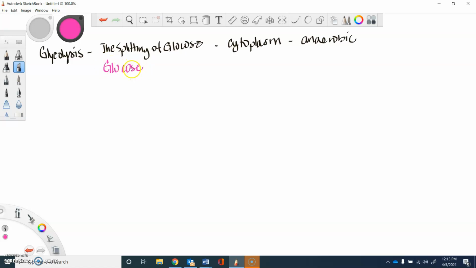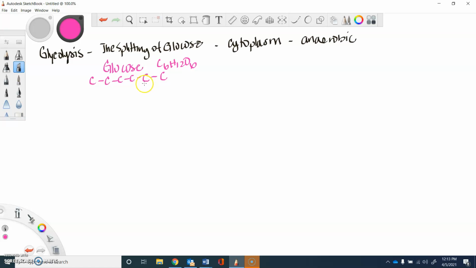And glucose is C6H12O6. So it has 6 carbons to it. So the 6-carbon molecule of glucose will enter the cell.